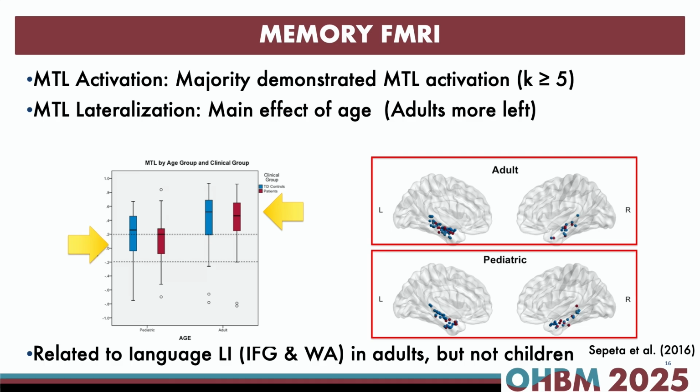And then for kids, their mean was hanging out more in the bilateral range, but actually what we were seeing was that some were left, some were right, and some were bilateral. It was a mix. And for adults, the laterality of the MTL was related to language laterality, but not for kids.